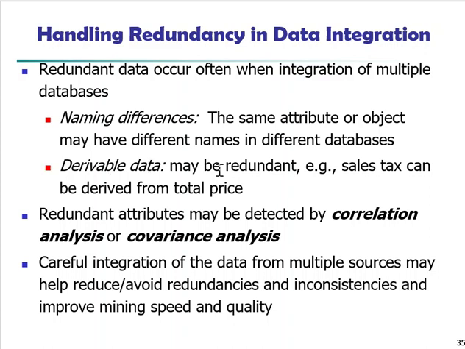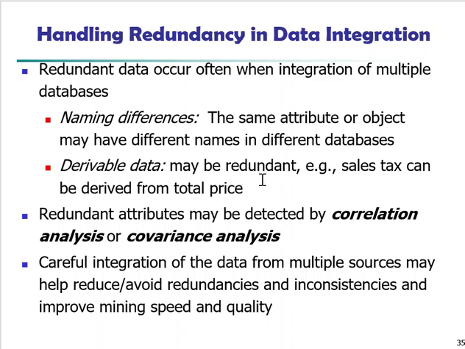Derivable data may also be redundant. For example, you already have a column called total price, and then you have another column called sales tax. If you're analyzing data from one state, you probably have, again, highly correlated data because sales tax is just 8% of the total price, for example.